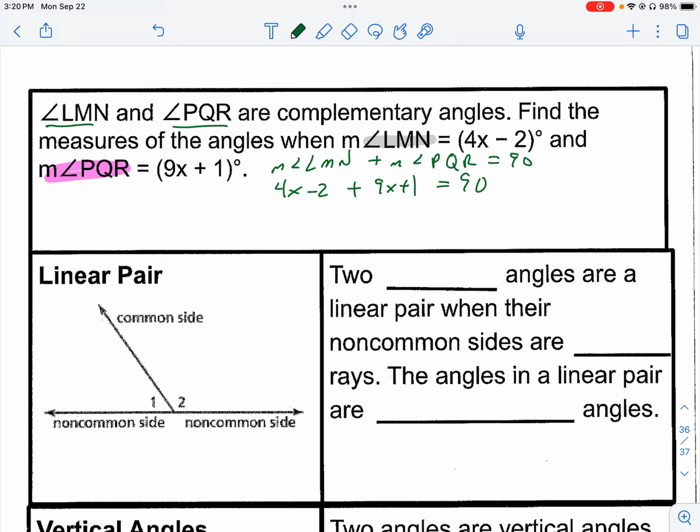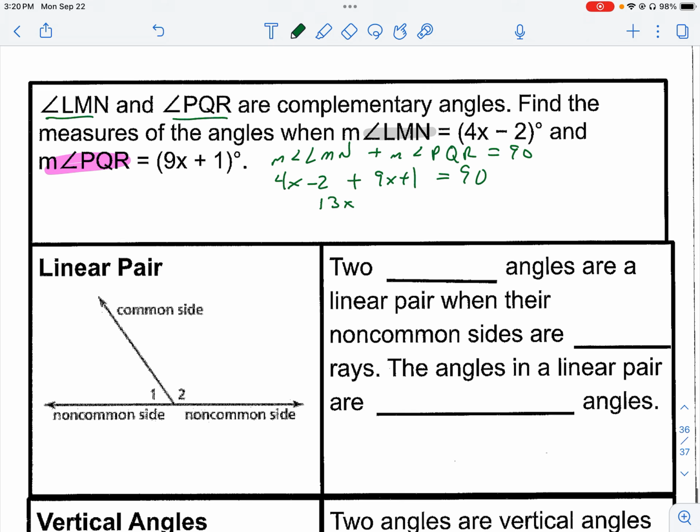Well, I have x's and numbers on the same side, so I'm going to combine like terms. So 4 plus 9 is 13x, and negative 2 plus 1 is negative 1, equals 90. So I'm going to add 1 to both sides, and we get 13x equals 91. Divide both sides by 13, and x is going to equal 7.